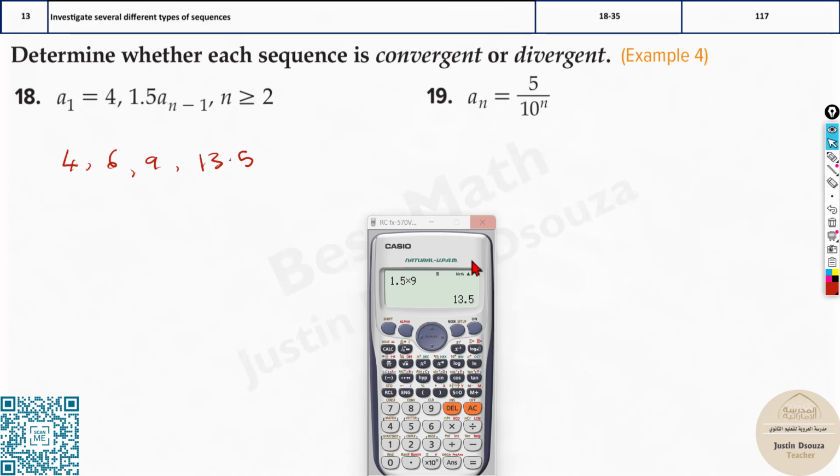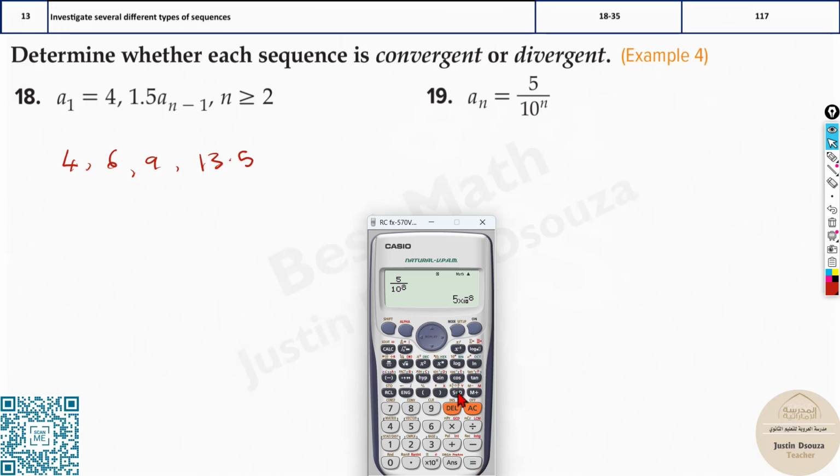Whereas now let's look at the next one here. It's 5 divided by 10 to the power 1. This is the power symbol. Let me spell it properly. It's 10 power 1. What happened? It's 0.5. Let me change this to power 2. It's 0.05. Let me make it power 3, or let me go ahead, like power 8.